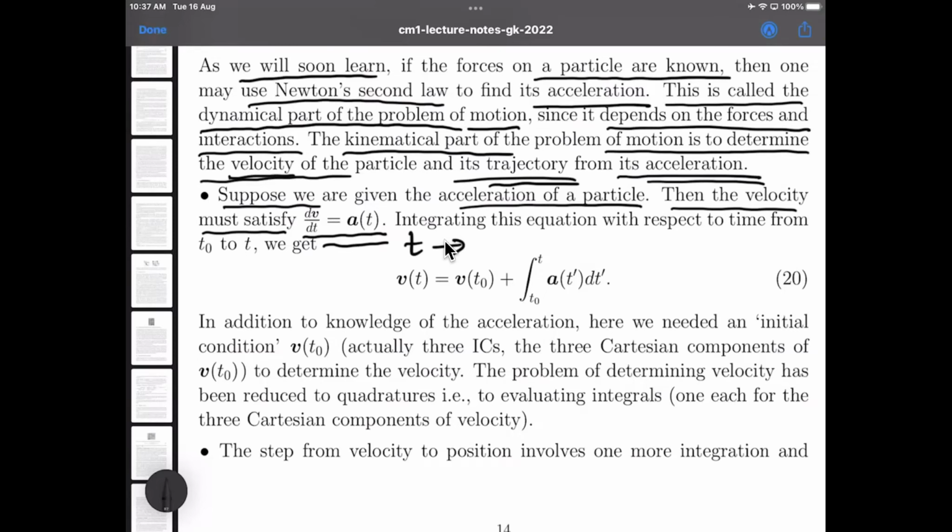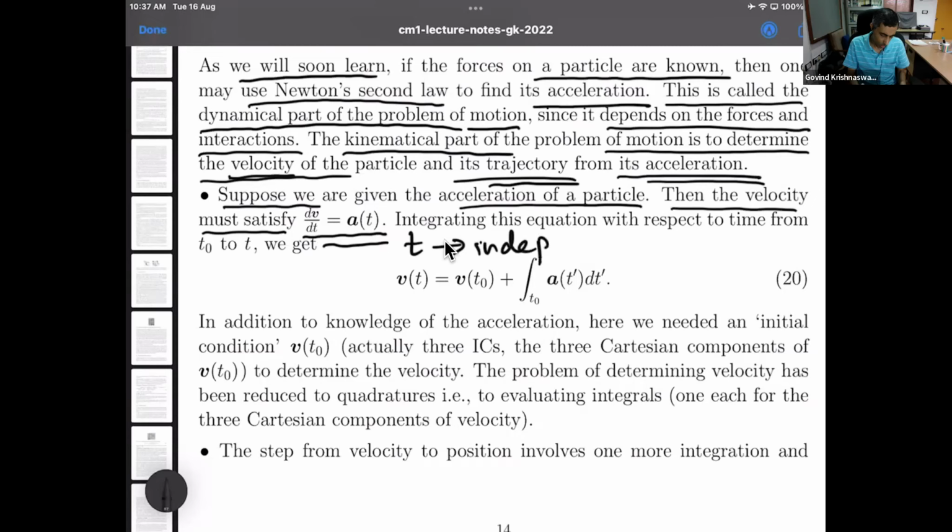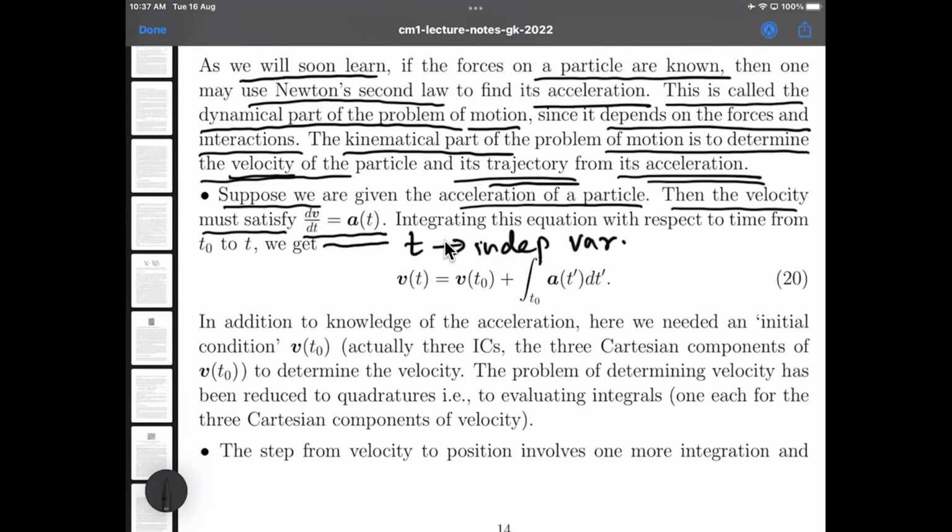Independent variable. Yes. Since there's an independent variable, there must also be a different type of variable, which we shall call what? Dependent variable. Which one is the dependent variable here? Velocity. Very good.